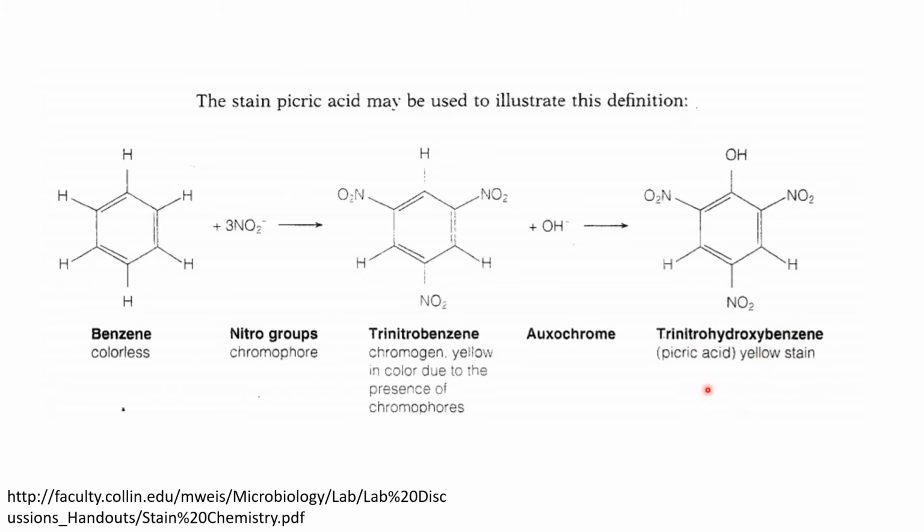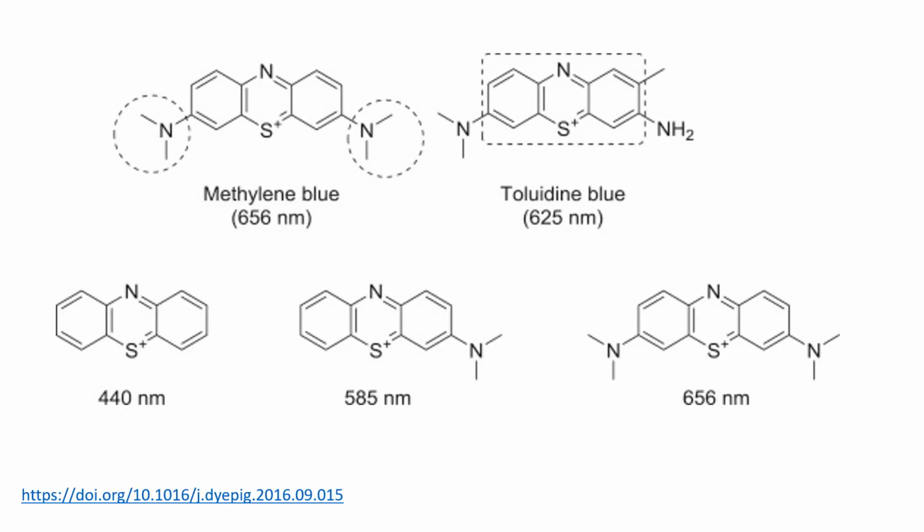We call it picric acid. Like I showed you before, we sometimes use picric acid in histological studies, especially to stain collagen in the tissues.